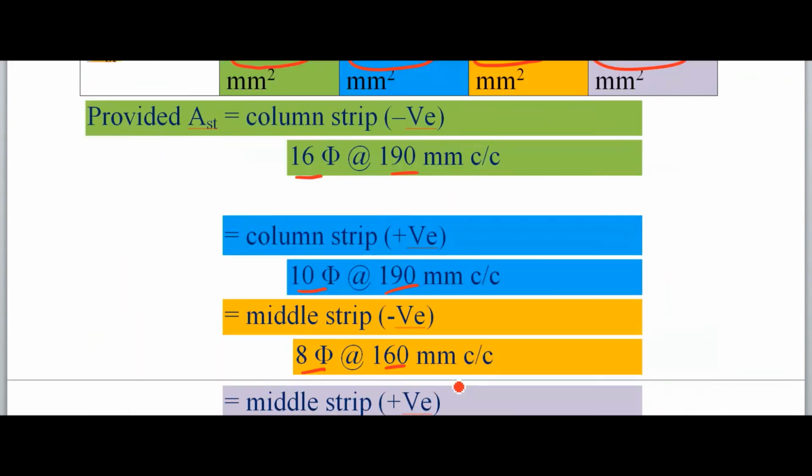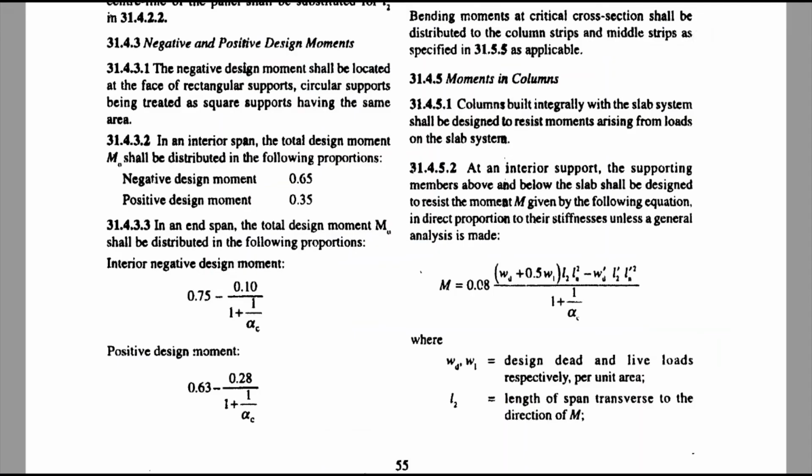Now on IS 456:2000 page number 55 we have clause 31.4.3.2. In this we have negative design moment 0.65 and positive design moment 0.35.